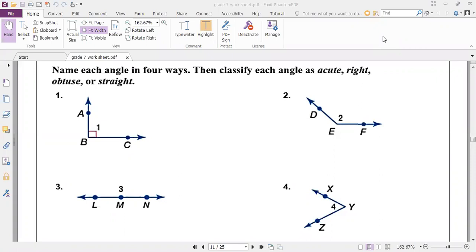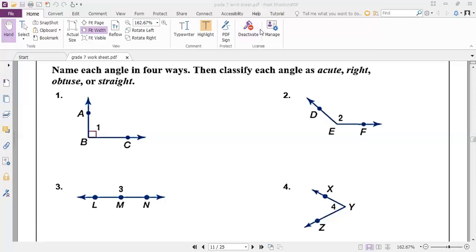If we look at the first shape, it has a square mark like a letter, which means 90 degrees. This square at angle B means this angle is 90 degrees. If the measure of the angle is 90, then this angle is a right angle.